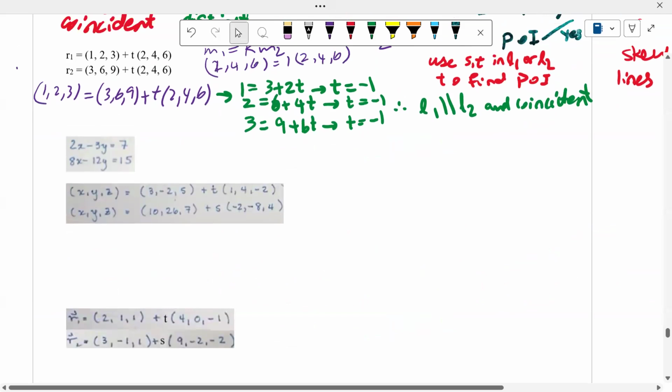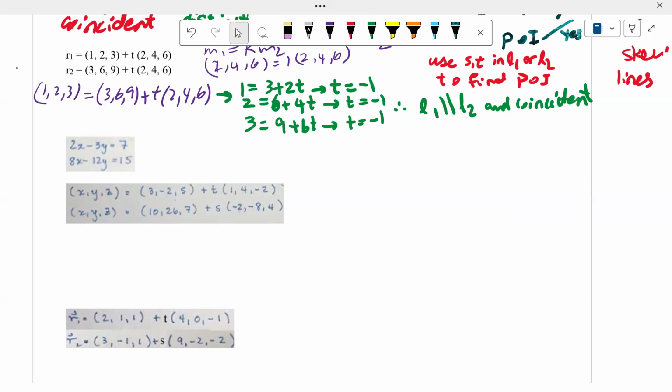Let's go over the next one. They give you basically the standard equation, or equation of a line in standard form.